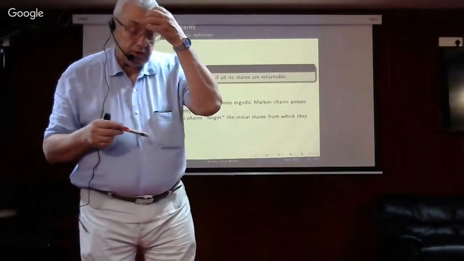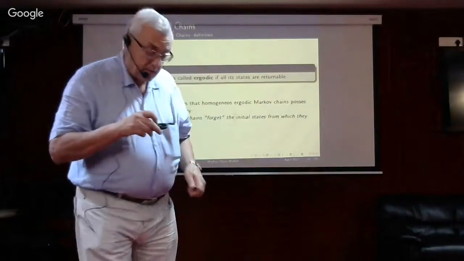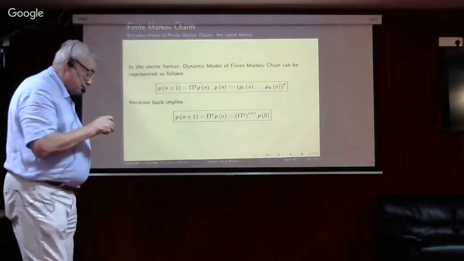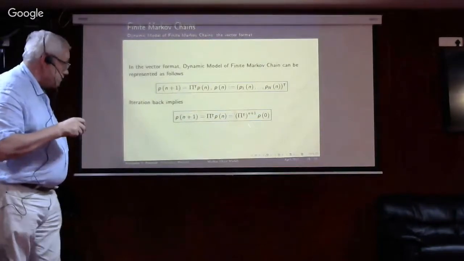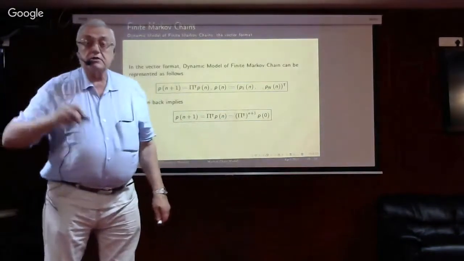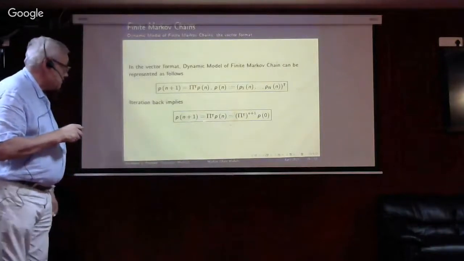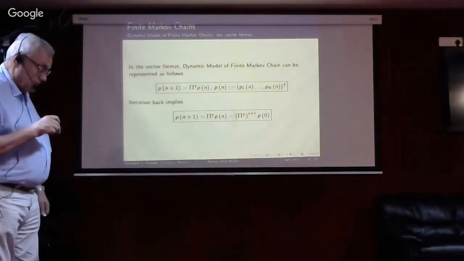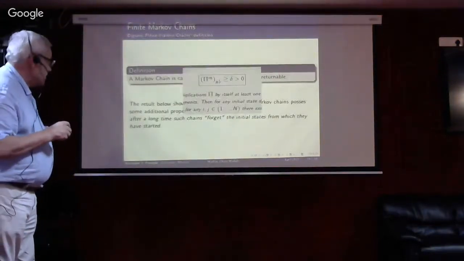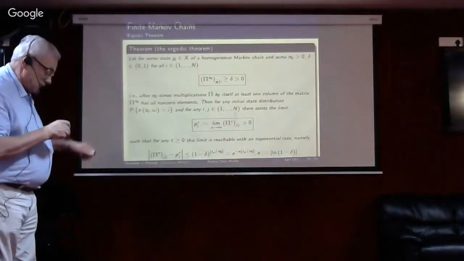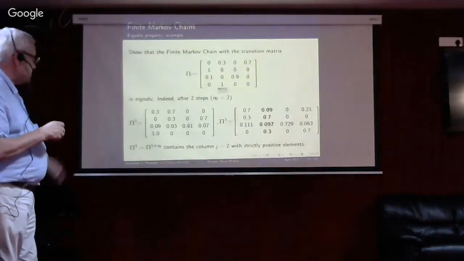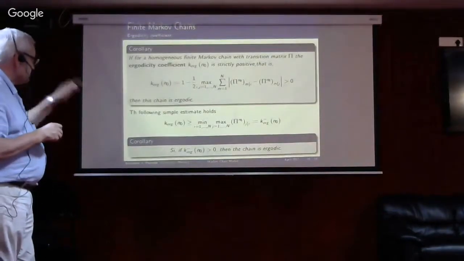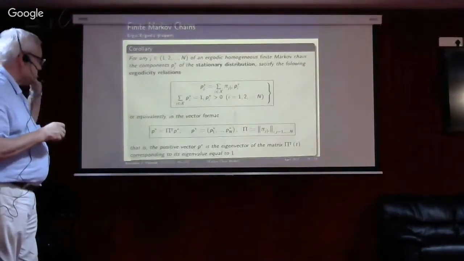So we will consider ergodic chains, and it is important that in ergodic Markov chains, this vector converges to some stationary distribution. It converges, and it forgets the initial condition. So this is the ergodic theorem. I will not speak about this. Okay, it's not important. Ergodicity coefficient, all of this is not important.